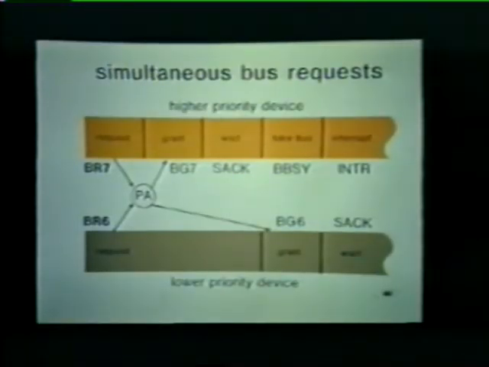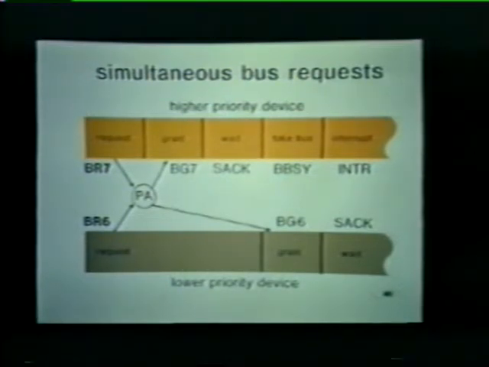Assume a BR7 and a BR6 device are making bus requests at the same time. These 2 requests enter the PA logic, which acts as the umpire. If the CPU is currently operating at a lower priority level, for example BR5, the PA issues a BG7, thereby granting the bus to the higher priority device, our BR7 device. Notice that the lower priority device keeps its BR6 request up.